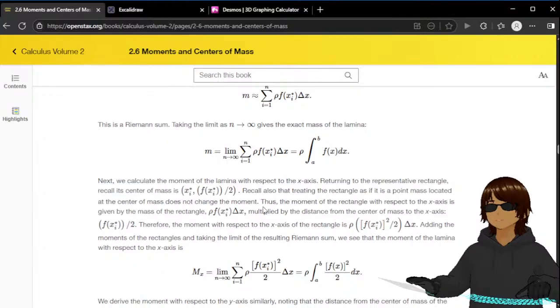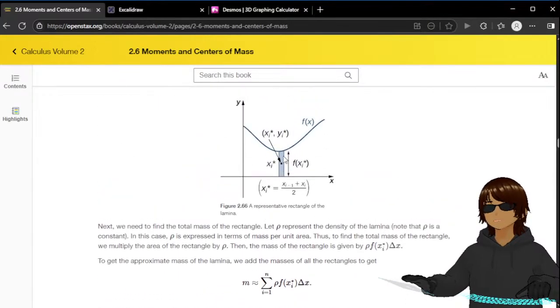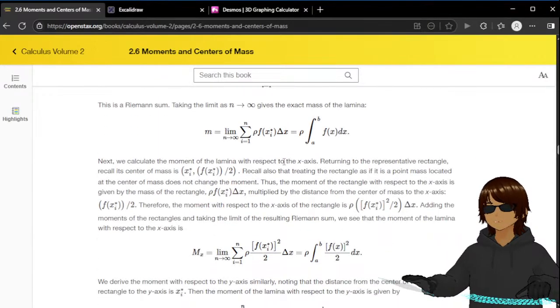The moment of just this rectangle is rho times this, multiplied by the distance from the center of mass.